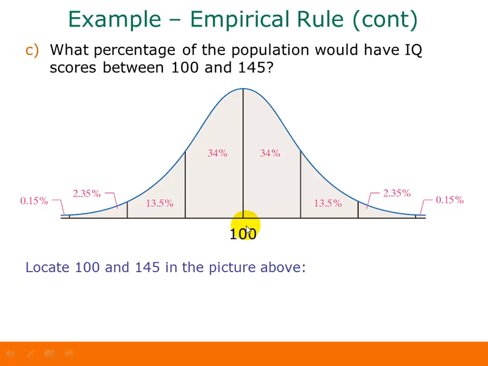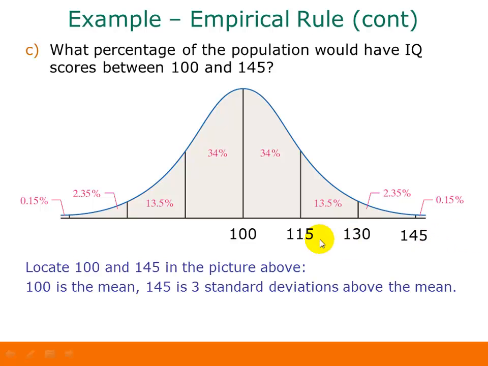And then for the 145, we need to know how many standard deviations above the mean that is. If we go up by 1 standard deviation, we get to 115, then to 130, and finally to 145. So 100 was our mean, and 145 is 3 standard deviations above the mean.